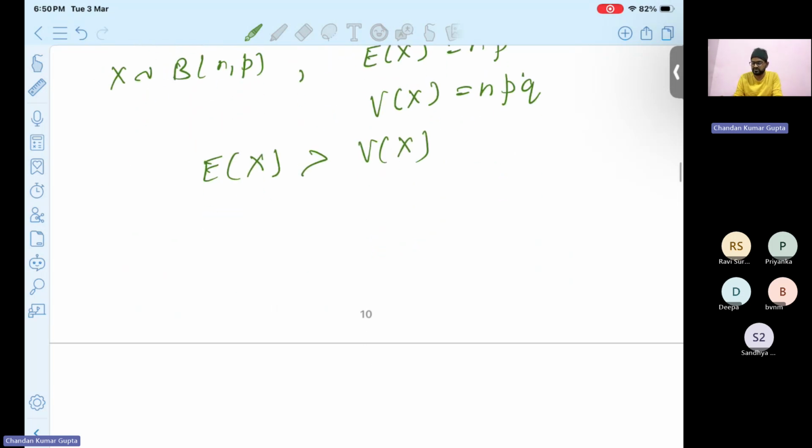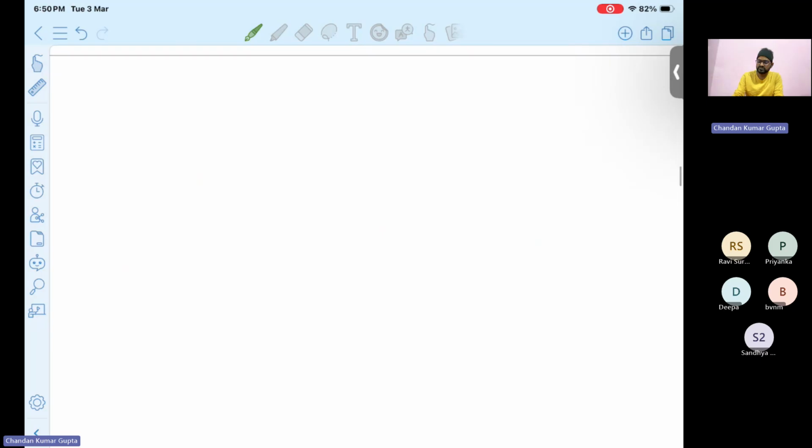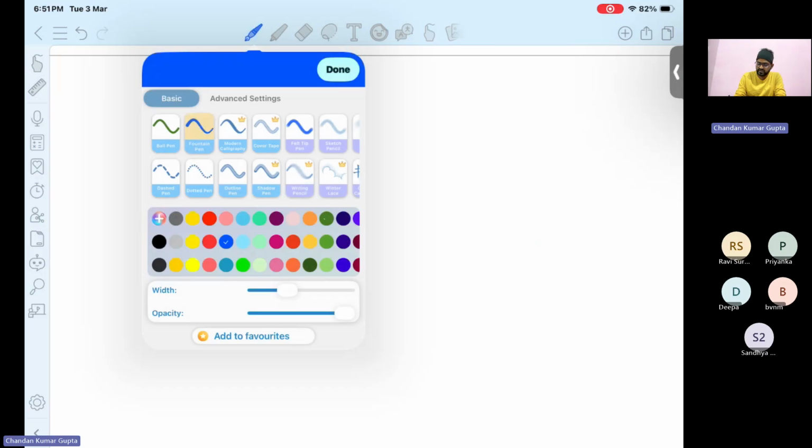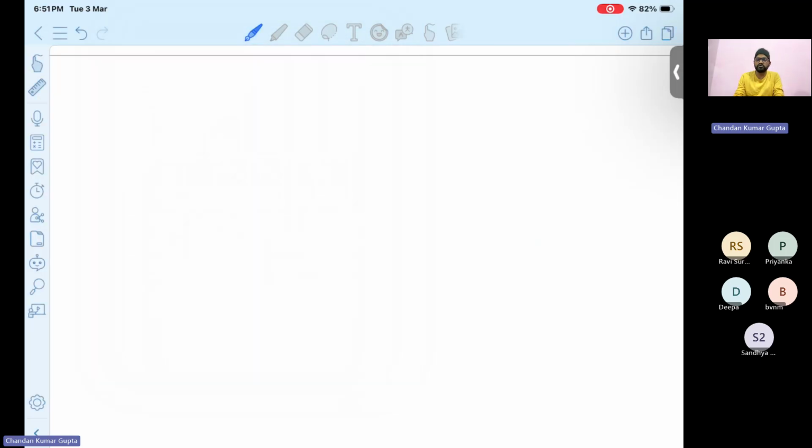You may also calculate many other statistical characteristics for the same distribution. Up to this point, if anyone has any doubt, he or she may ask, or let's move to the joint continuous kind of question.